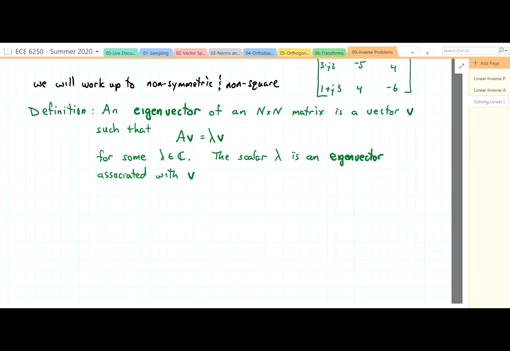So how do we find eigenvalues and eigenvectors? We will actually later talk about some computational ways of doing this. But for now, we know that this equation must hold.